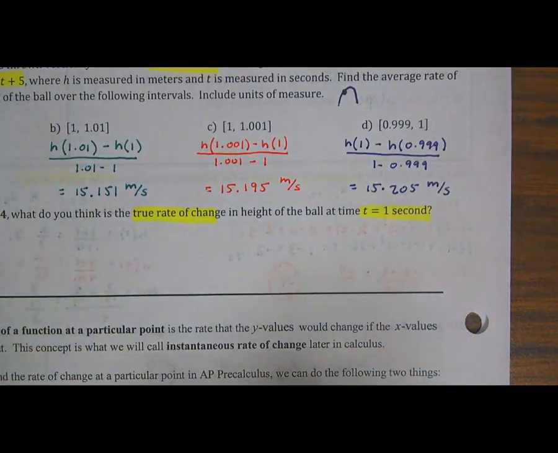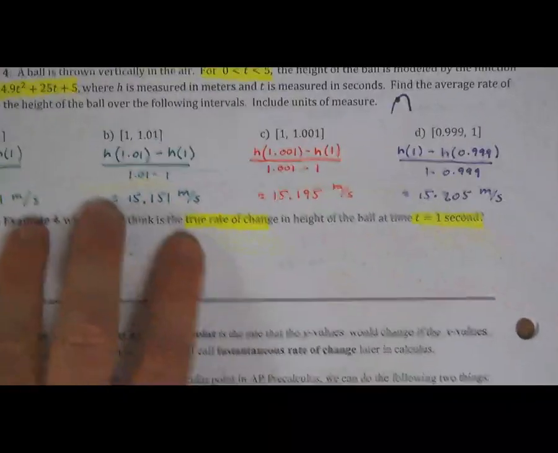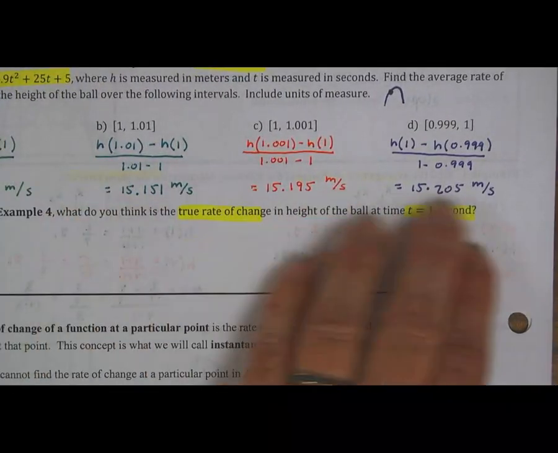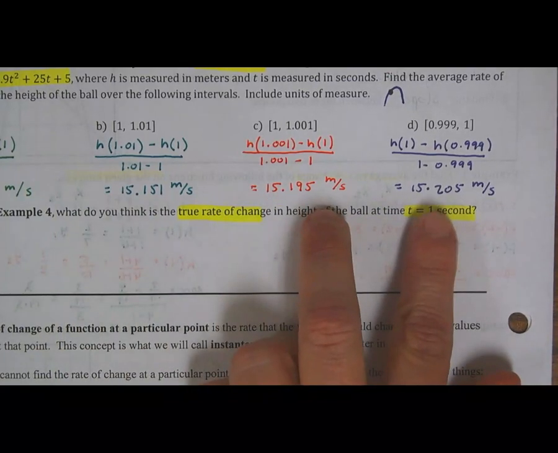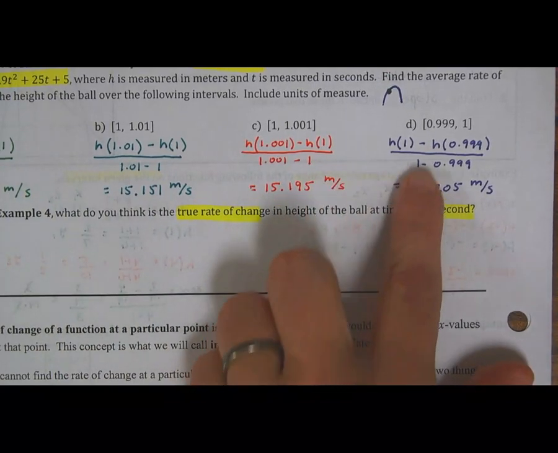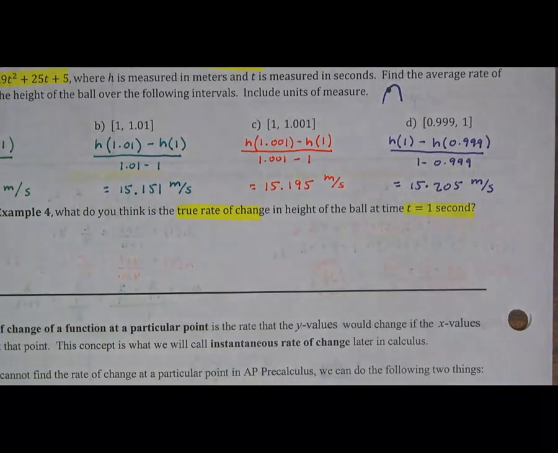We could figure that out by plugging in 1 second up here. But what do you think it's going to be close to? It's going to be close to C and D, right? Because these intervals are really, really close to just a single point in time. The interval is tiny.